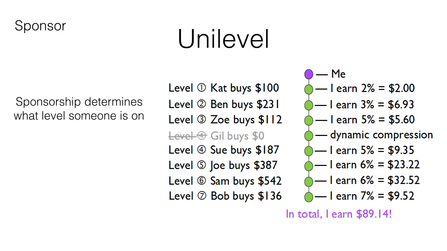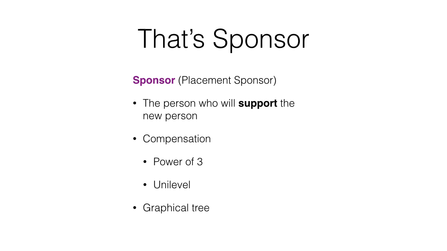It's paid to those sponsors. So that covers sponsorship. I hope that explains it in a clear manner to you. The sponsor is simply the person that will support them. And the best definition of sponsor is that person who is above you, or above whoever you're referring to, on the graphical tree.